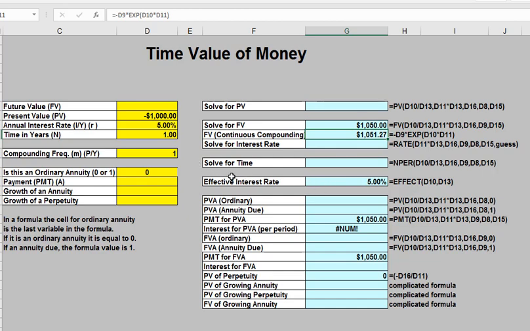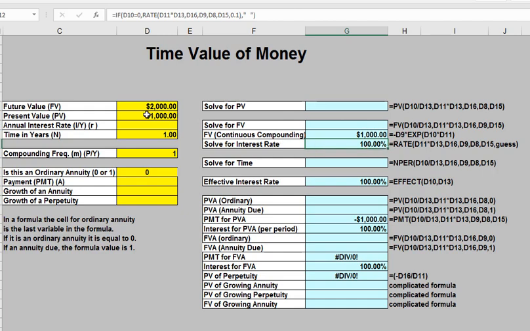But we can also ask other questions, right? So let's say this $1,000 grows to $2,000, and we would like to know if that happens in 1 year, what is the interest rate? So we need to delete interest from the cell. And what you'll find is, if it grows from negative 1,000 to 2,000, then the actual interest rate would be 100%.